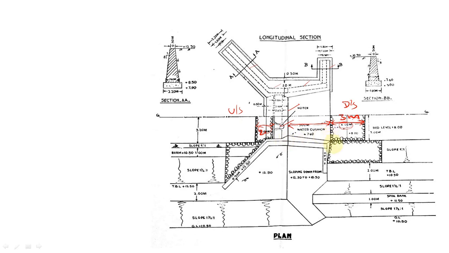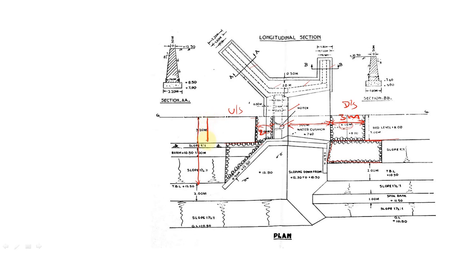And revetment also. Revetment is for the canal sides. It will be slightly greater than the bed pitching, or else you can provide it at the same level. So here you can observe a canal is there. The width of the canal is given as 6 meters, that is the base width.